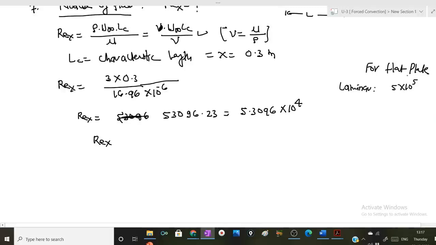Now once again you need not remember this value. If you refer to the data book page number 112, for the flat plate the value of Reynolds number is written over there. Up to this value of Reynolds number, flow will be laminar and turbulent beyond this value.